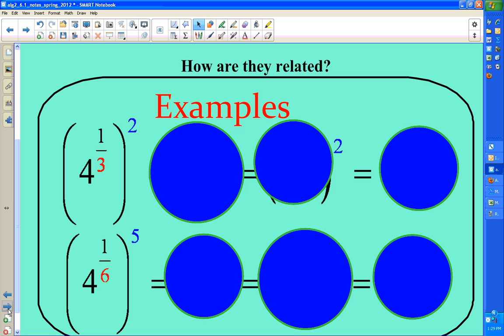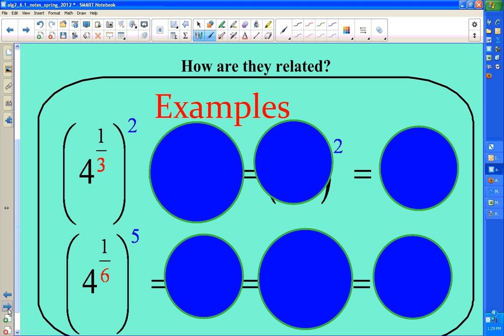What power is 4 being raised to? 1/3, raised to the second power. What do you do with your exponents? Multiply them. What do we get when you multiply?